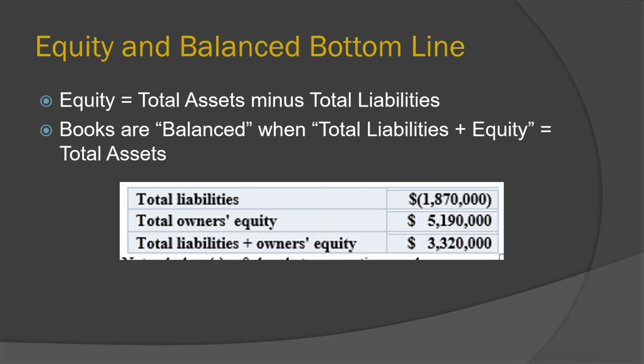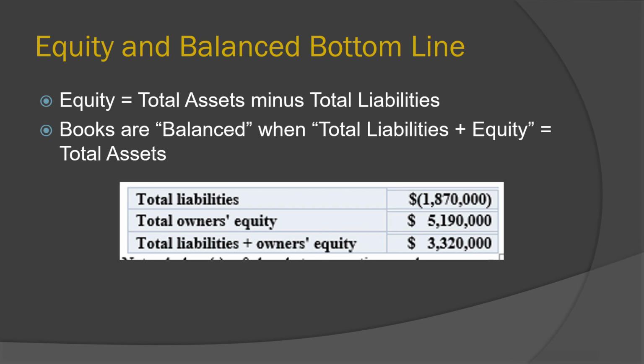And the last thing to look at is the bottom line. What does this all say? Well, we're looking at equity. Equity is total assets minus total liabilities. I'm sure you've heard, are the books balanced? I know you hear that in movies. All big accounting thriller movies always start like that: I found a discrepancy in the books, that kind of thing.